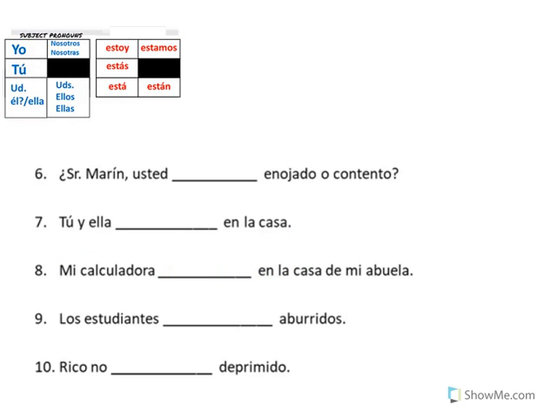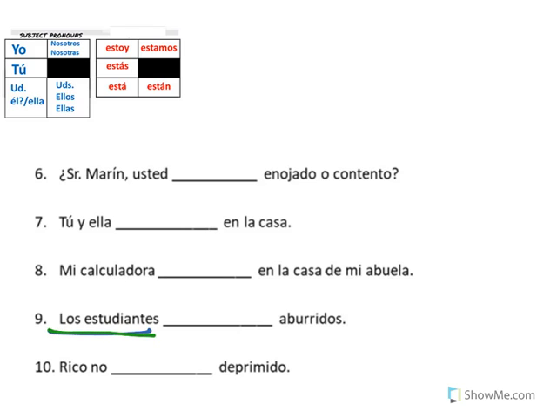Number 9. We're almost done. Los estudiantes, the students, blank, aburridos. The students are boring. Like most of you right now. Let's figure this out quick. Los estudiantes, again, the chart doesn't say los estudiantes. But we can still figure it out.